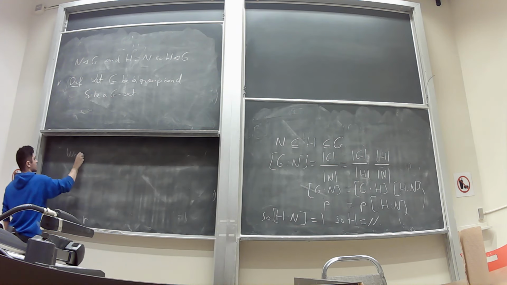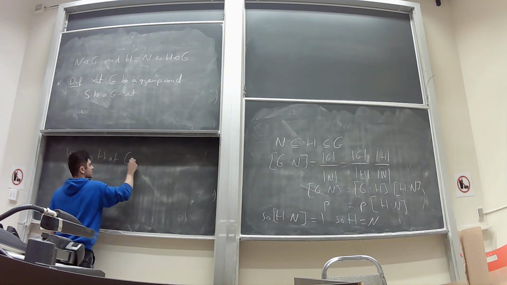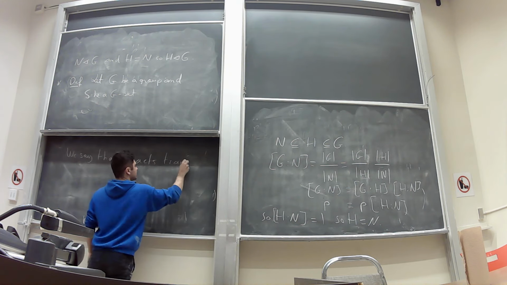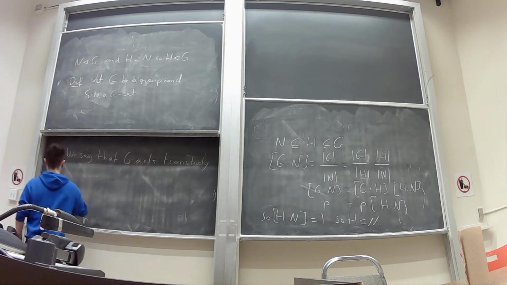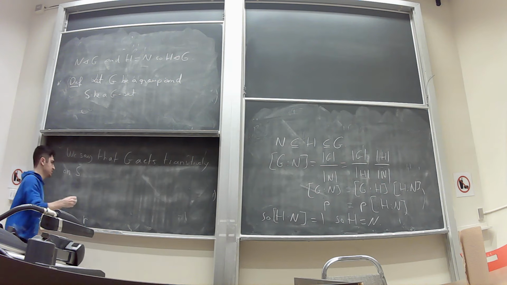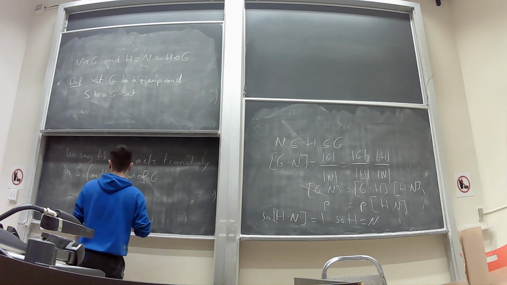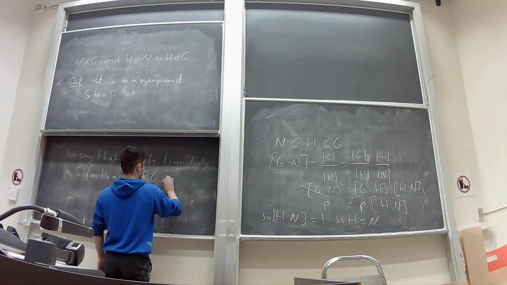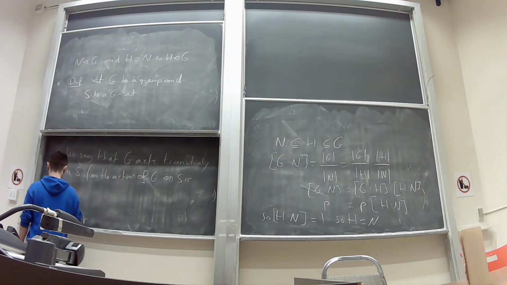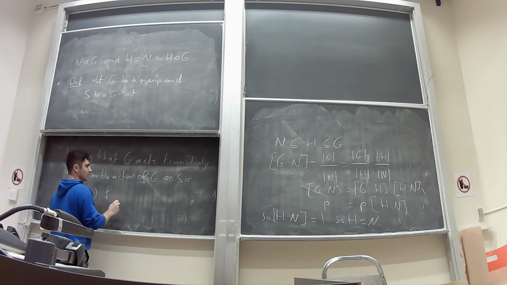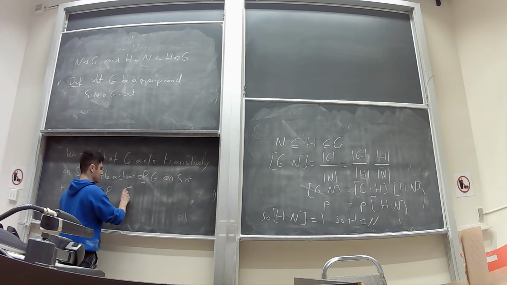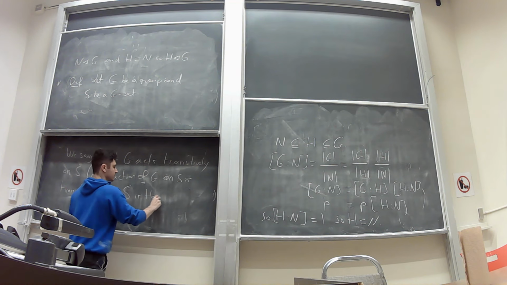We say that G acts transitively on S, or the action is transitive, or the action of G on S is transitive, if S is the only orbit.